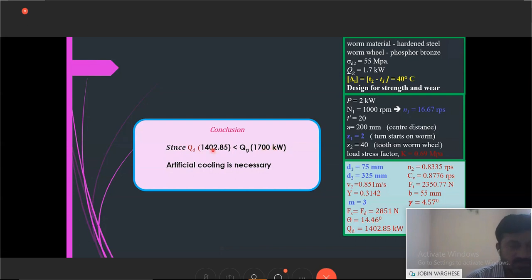So in between, as you say, QD is less than QG. As a result, the dissipated heat is less than the generated heat. So more heat is generated all the time. As a result, we have to give some artificial cooling. Artificial cooling should be given for this one. And that's the kind of problem we'll be solving.